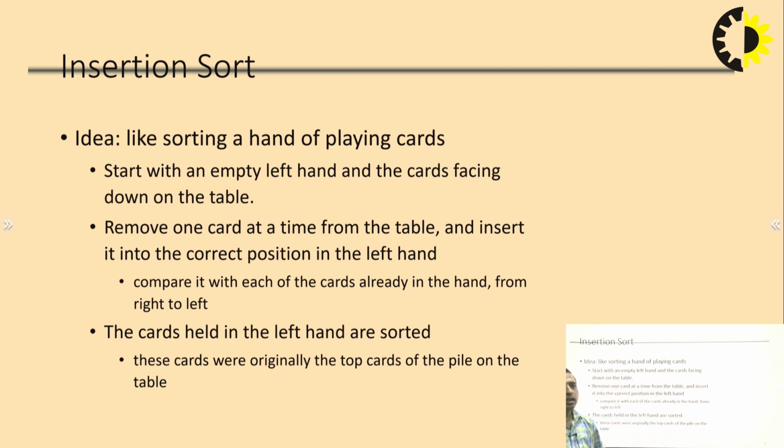Remove one card from the table and insert it into the correct position in the left hand, comparing it with each of the cards already in the hand from right to left. The cards held in the left hand are sorted. These cards were originally the top cards of the pile on the table.